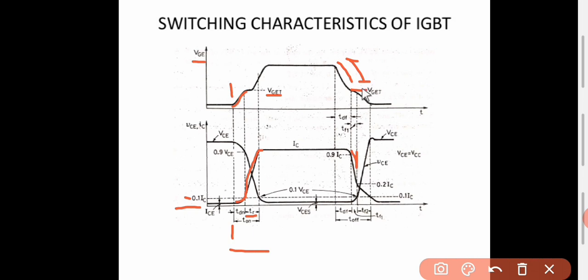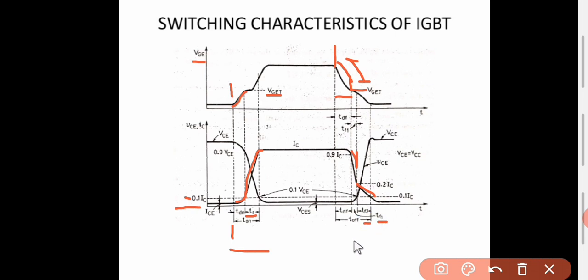So when the gate voltage decreases from VGET, the collector current starts to reduce. When the gate voltage reaches VGT, this time is known as TDF, turn off delay time, and at this point the collector current starts reducing and reaches 0.2 IC, the time known as TF1, and 0.2 to 0.1 is TF2.